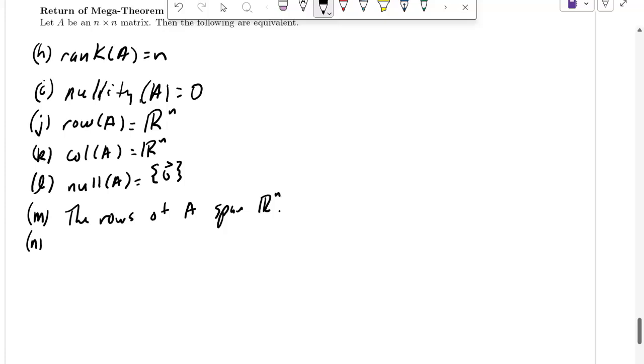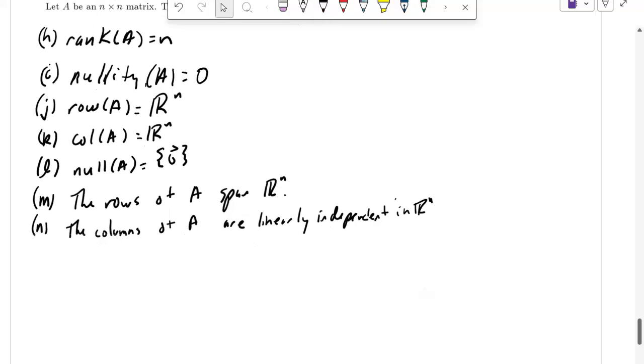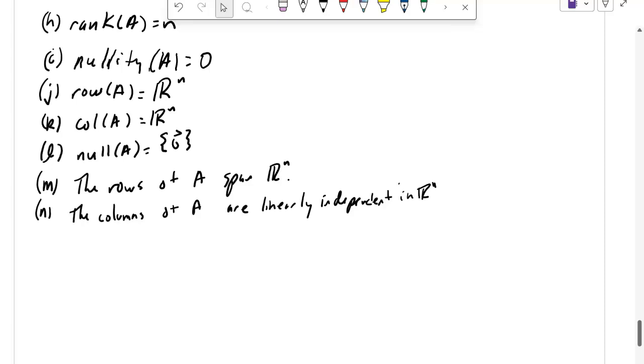That's also how we got linearly independent, isn't it? So the columns of A are linearly independent. That's how we checked, isn't it? That first statement, M, is just that we have a pivot in every row when we row reduce. The statement N is that we have a pivot in every column when we row reduce.